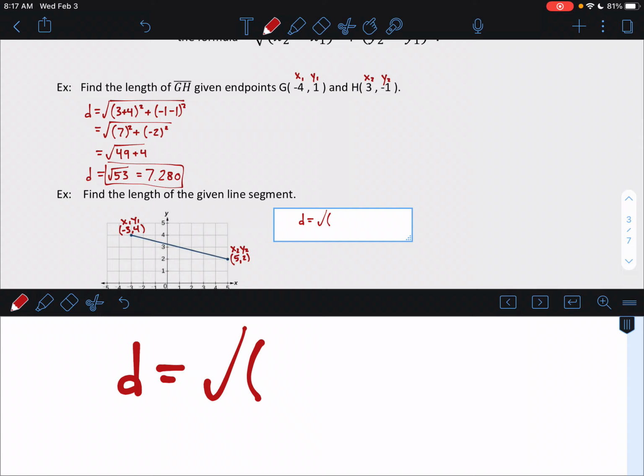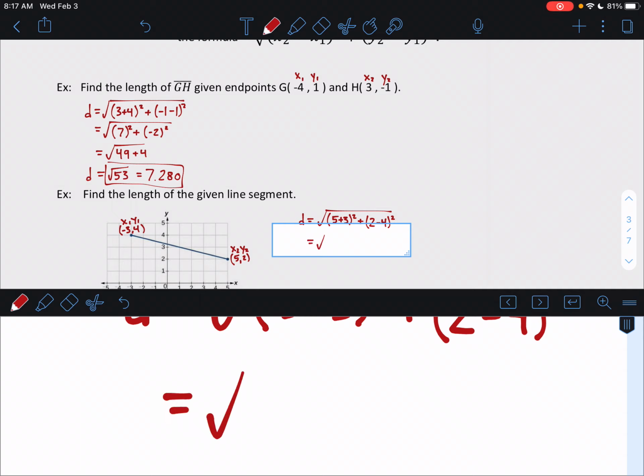let's see, I want to do x2 minus x1, so 5 minus -3, or 5 plus 3, squared, plus y2 minus y1, so 2 minus 4, squared.